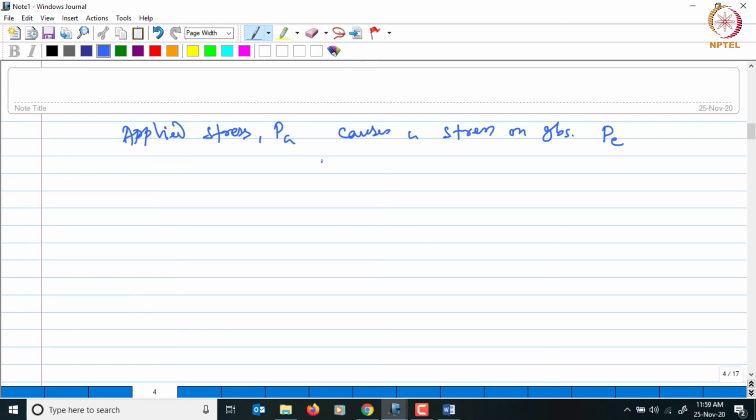So PE is going to be greater than PA due to the presence of the pores. So we can write that PE is equal to phi PA, where phi is known as the stress intensification factor. That comes into play due to the presence of porosity.